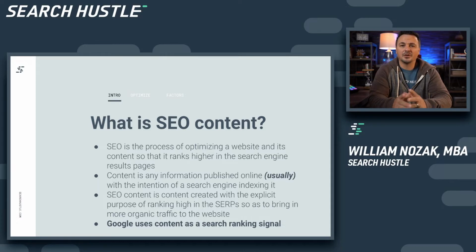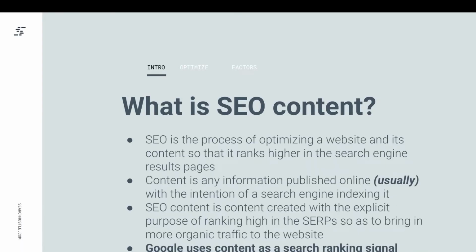Now granted, if we look at 10 pages, maybe only 8 of them will actually have any purpose in the search engine. 2 of them may just be pages that are needed for people that are on the website and need to find certain things or do certain things that we don't want the search engines to index. Content is any information published online, usually with the intention of a search engine indexing it.